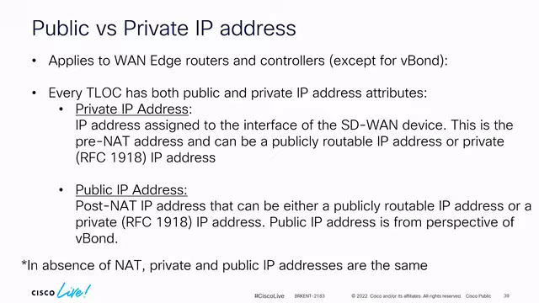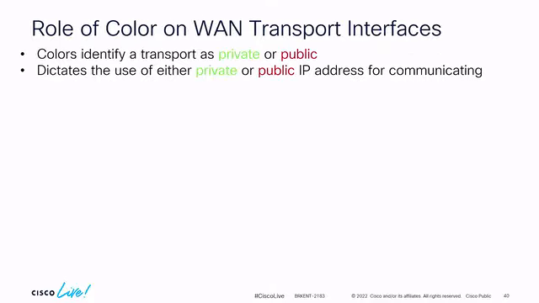But how do we know whether a device should use the private or public IP to connect? Well, this is where colors come into play. Colors identify a transport as either private or public. If we've got an MPLS network, that will give it that label or that color called MPLS, or anything else that's private. We've got a list of private colors, labels that we can use.